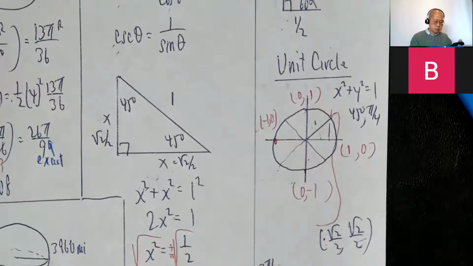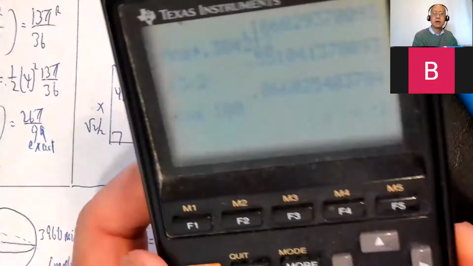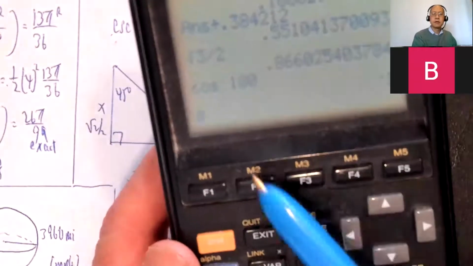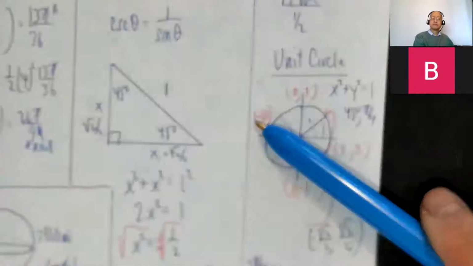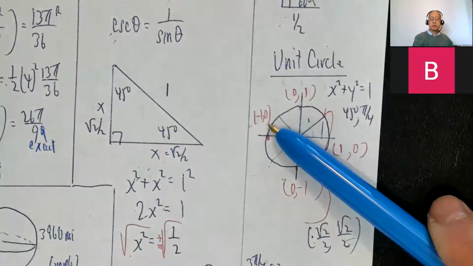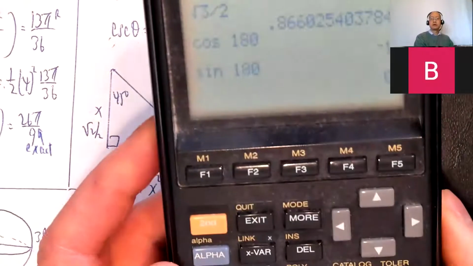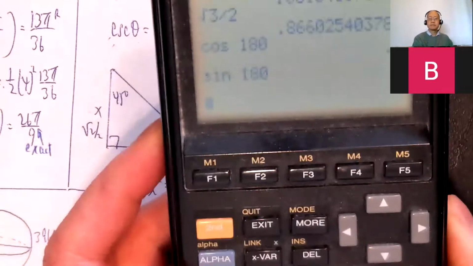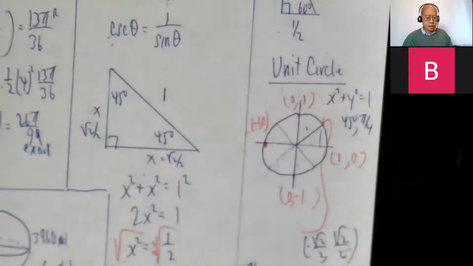Cosine 180, -1. Cosine 180, -1, the x coordinate. Y coordinate, 0. Sine 180, 0, as you would expect. Okay, so that's the idea there.